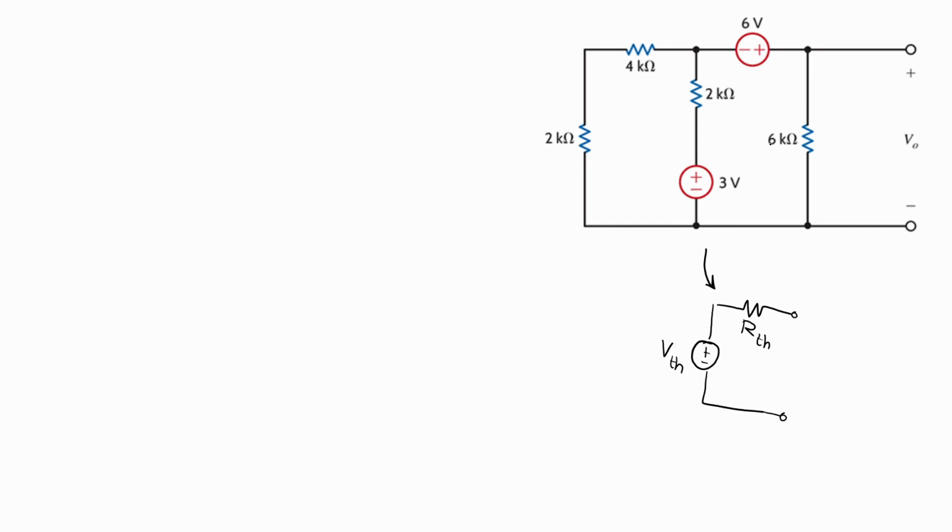So we are not going to use the 6K resistor in getting R Thevenin and V Thevenin. So we remove RL, the load resistance, from our calculations.